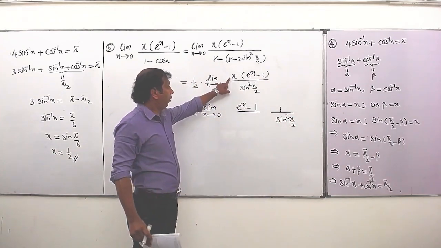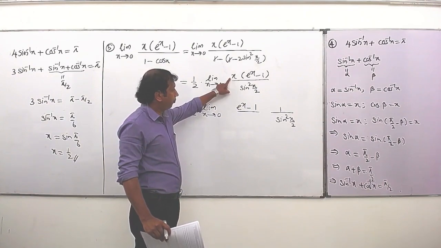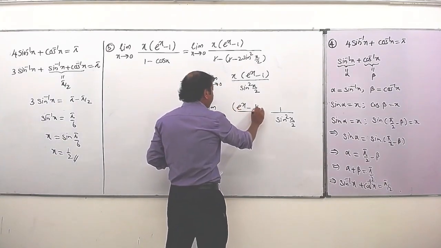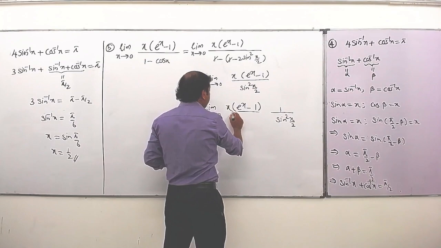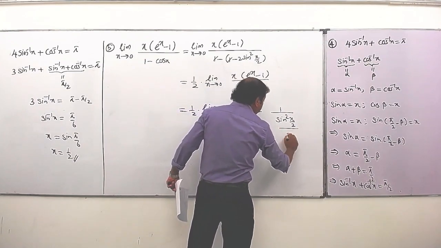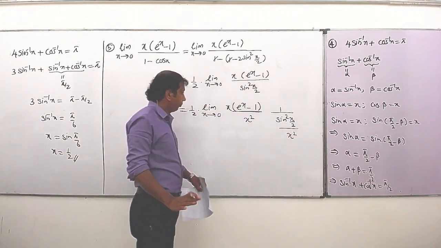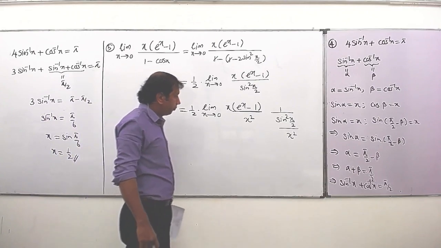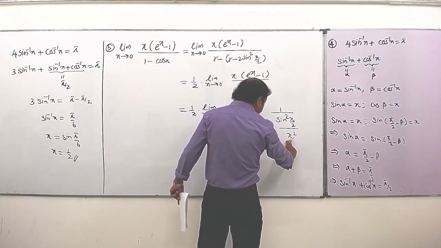Now here we have x, right? Now I can write, people, here that x, and I write here x squared. To cancel down that x squared, I write here another x squared. Correct. And also, people, I write here 4.